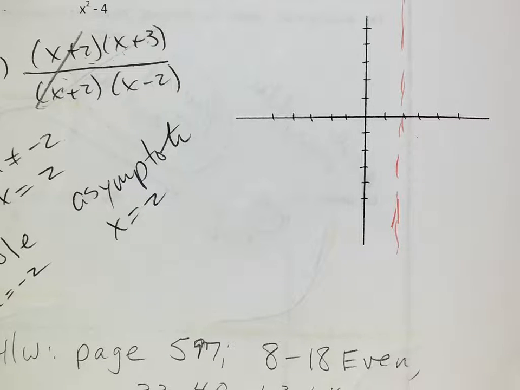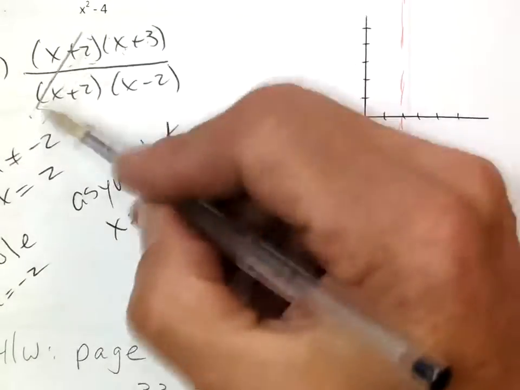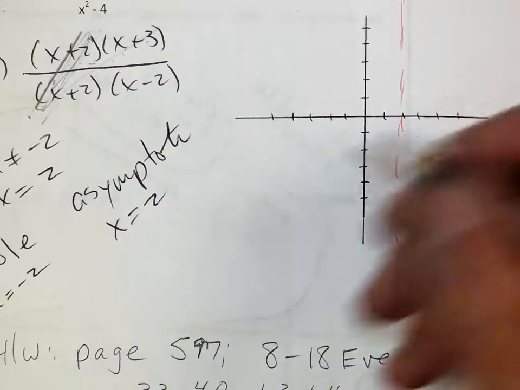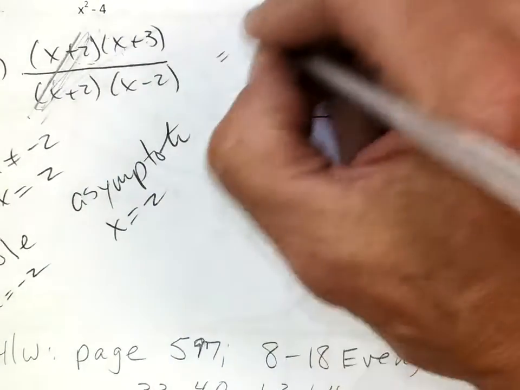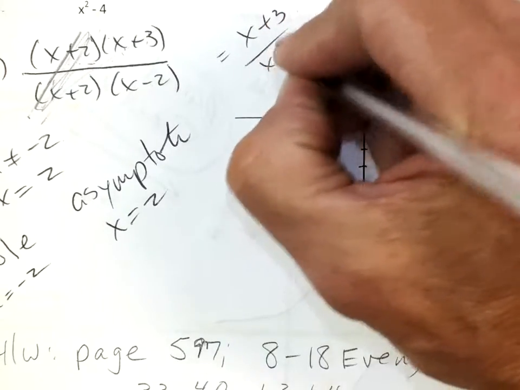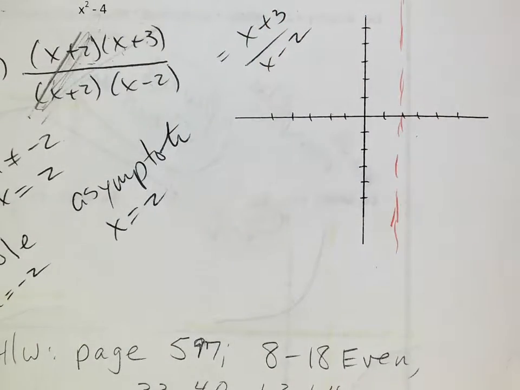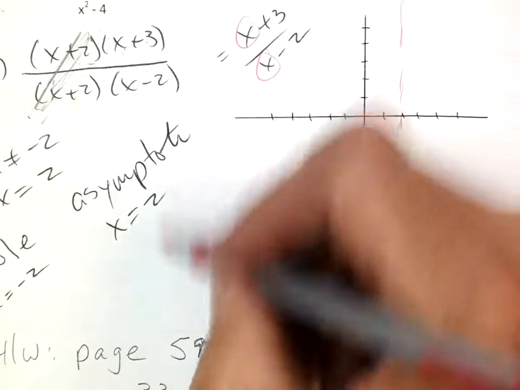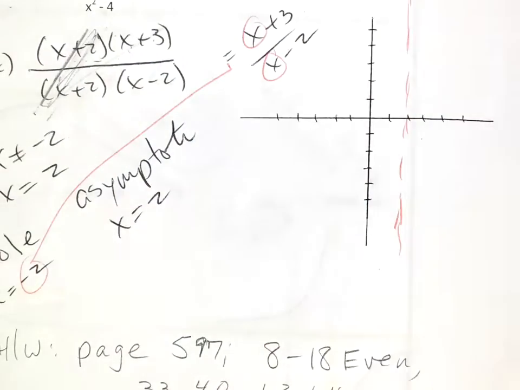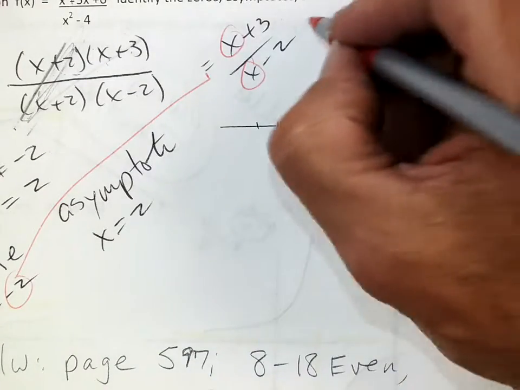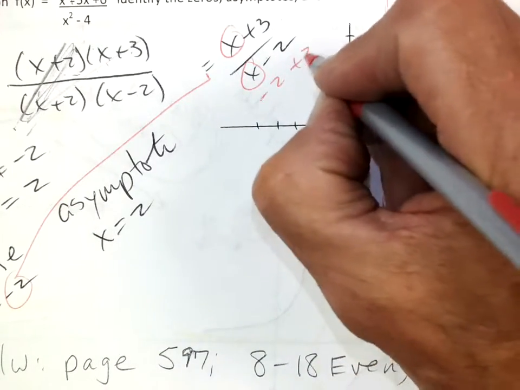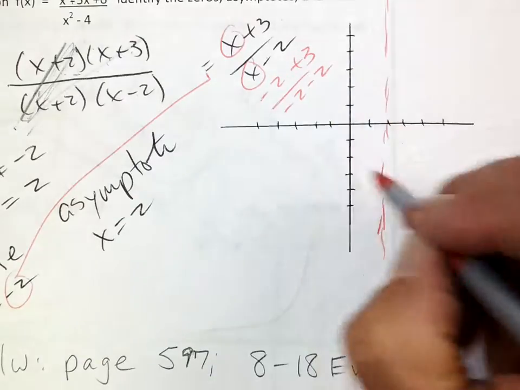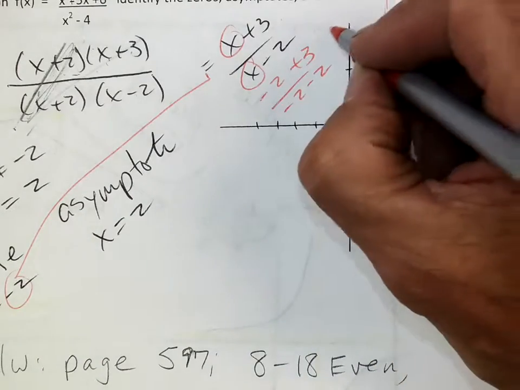Now I'd like to know exactly where the hole is. Once I cancel that out, I'm left with just x plus 3 over x minus 2, and I could plug in negative 2. So negative 2 plus 3 over negative 2 minus 2 makes negative 1/4.